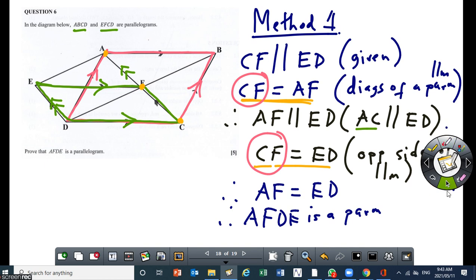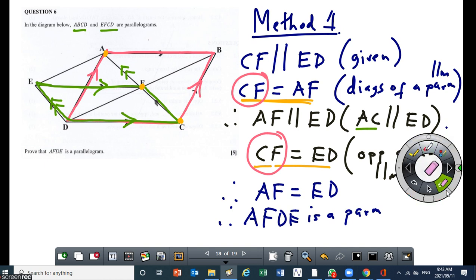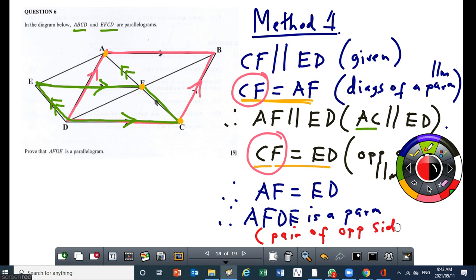That's that one there. So my reason here will be pair of opposite sides equal and parallel. That would be my reason.